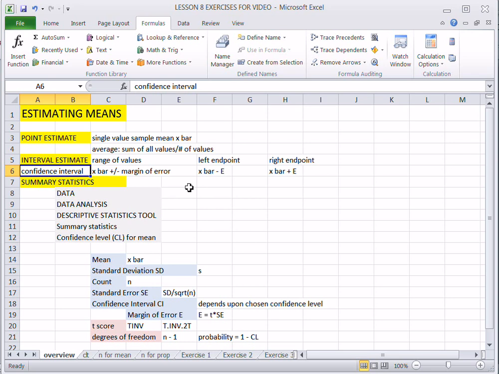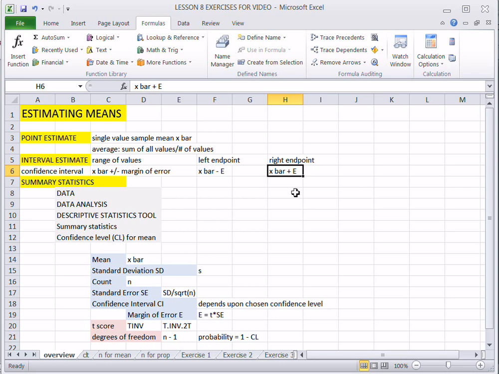Now, the confidence interval is constructed by taking the sample mean x bar and adding and subtracting the margin of error. The margin of error is directly related to the confidence level. So to get the left endpoint, we take the sample mean x bar and subtract the margin of error. And to get the right endpoint, we take the sample mean x bar and add the margin of error.